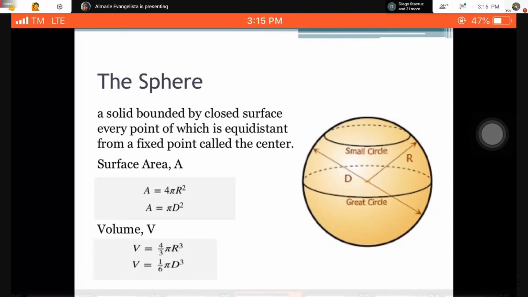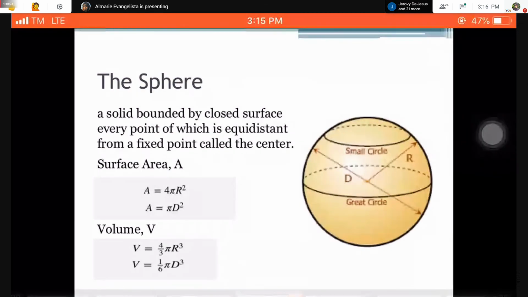So, comparing dun kanina sa previous na mga shapes na napag-aralan natin, di ba ang pinaka-concept ng prism tsaka ng cylinder is area of the base times height. So, yung sphere, malayong malayo sa kanila.